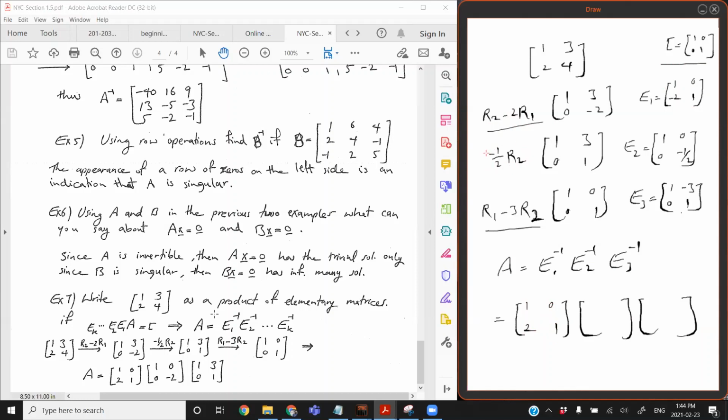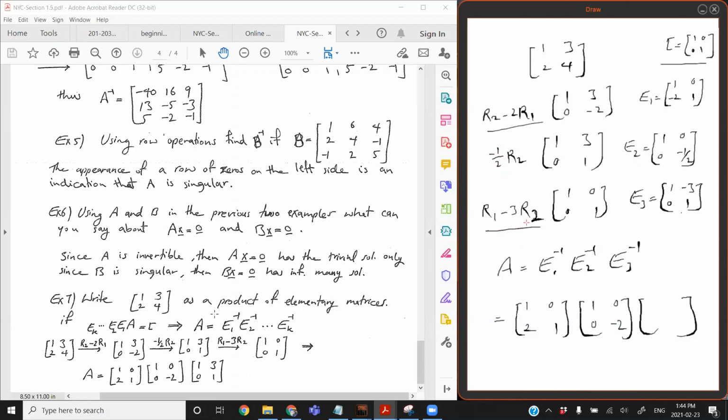The canceling row operation for multiplying the second row by negative 1 over 2 would be multiplying the second row by negative 2. So we're going to get [1, 0; 0, negative 2]. Is that clear? The canceling row operation for negative 1 over 2 row 2 would be negative 2 times row 2, which will produce E2 inverse.